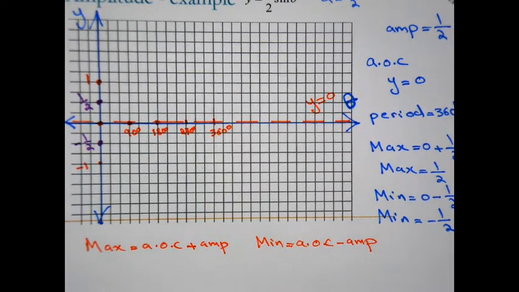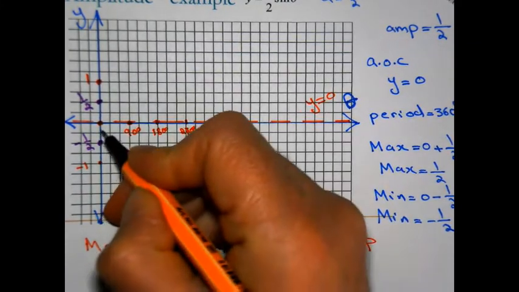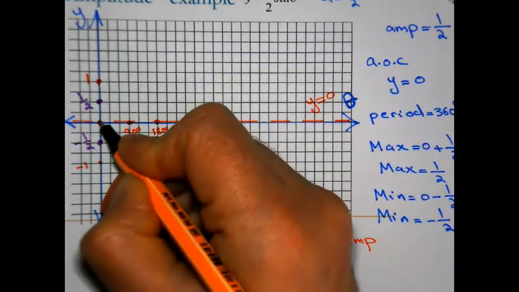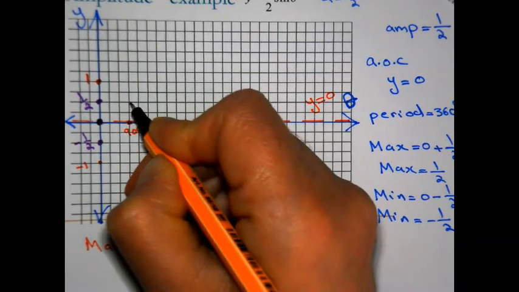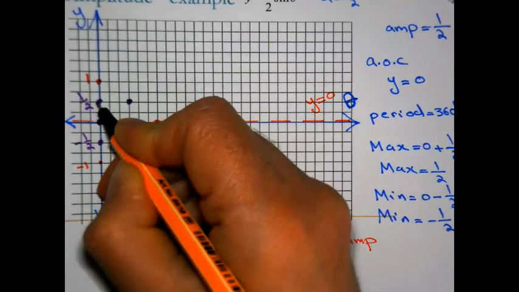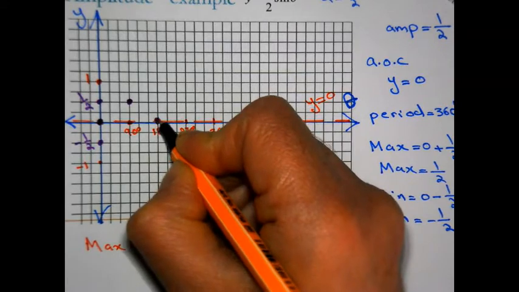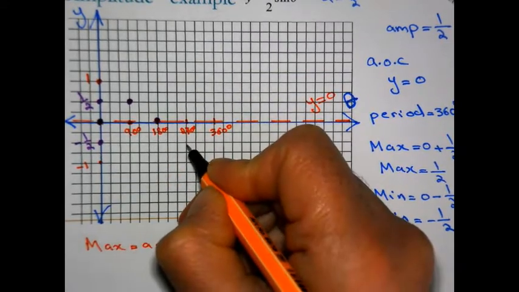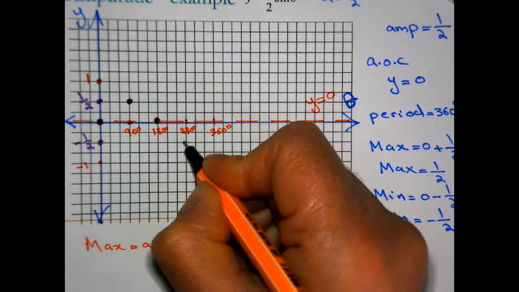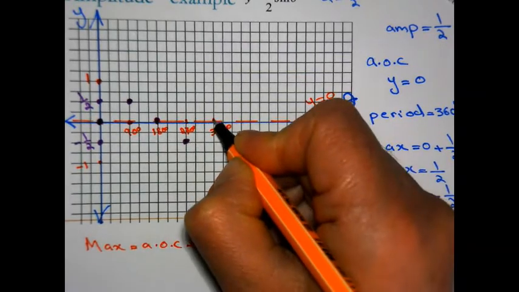This is sine. So if you remember, sine pattern says axis of curve, maximum, which is 1/2, axis of curve, minimum, which is -1/2, and axis of curve.